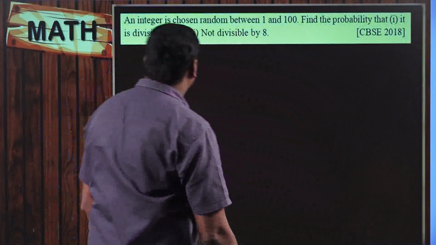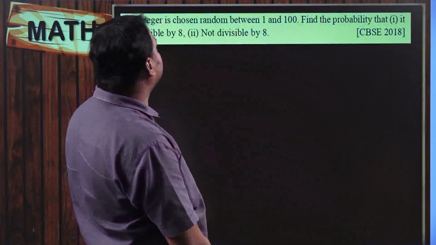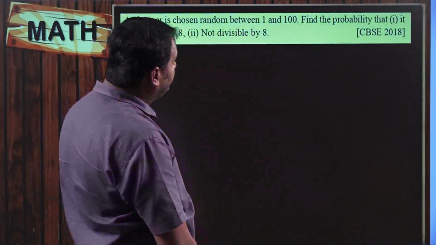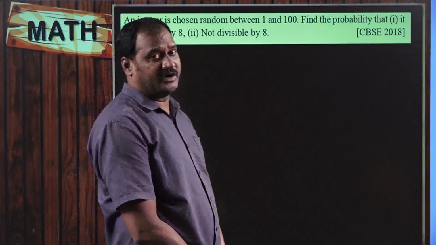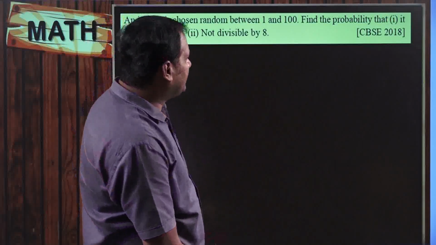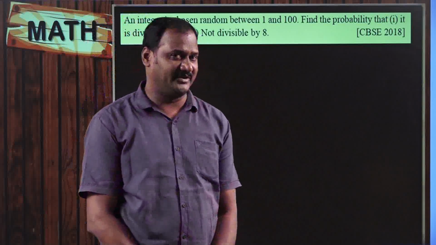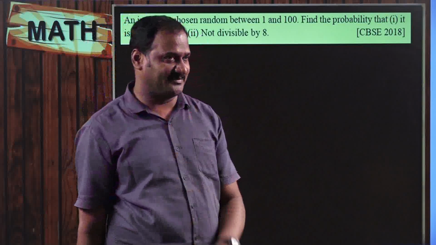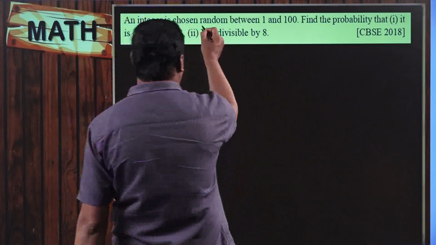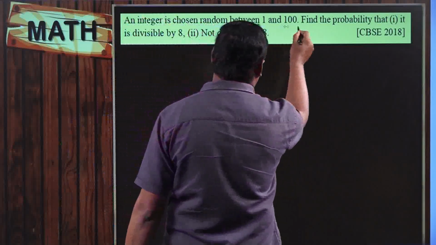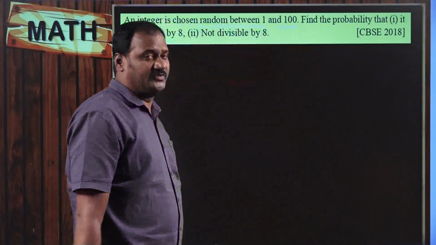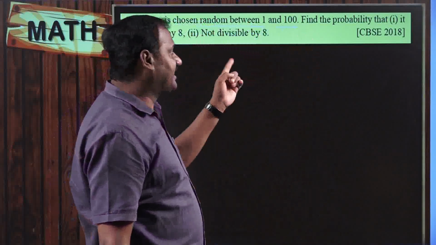Here the next problem is, an integer is chosen at random between 1 and 100. Between 1 and 100 in the sense what? 1 and 100 will not be included, right? You will have to remember that. Between 1 and 100 means you will not be including 1 as well as 100.